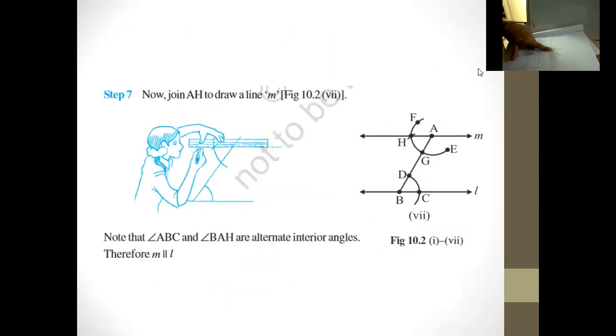Now the final step says, at H, we have to draw a line through this cutting, with the help of a ruler.